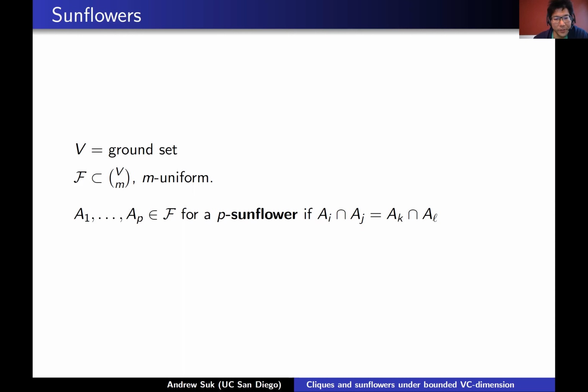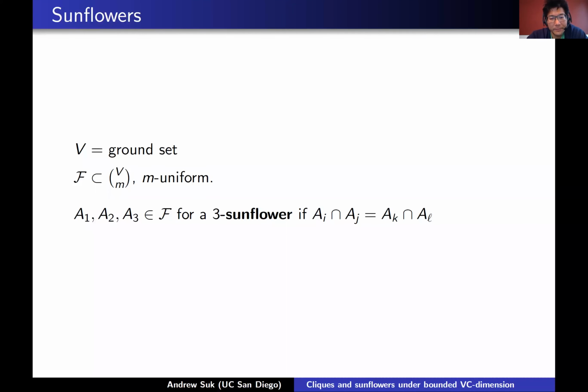Just for simplicity, I'll just focus on the 3 case. So this is when things start to become interesting. 2 sunflowers are trivial because any 2 sets form a 2 sunflower. And likewise, 1 sunflowers are also trivial.